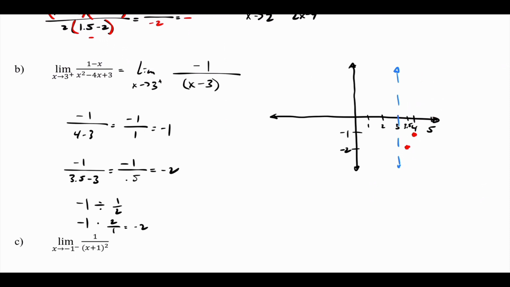So at 3.5, it's a bigger negative. That means I'm going in this direction.